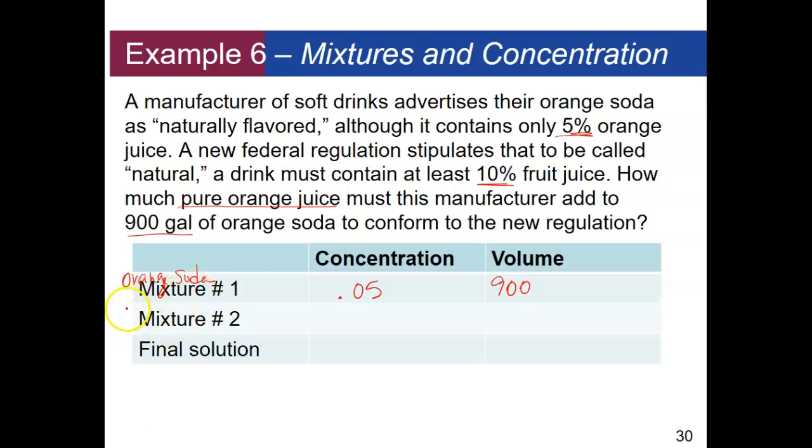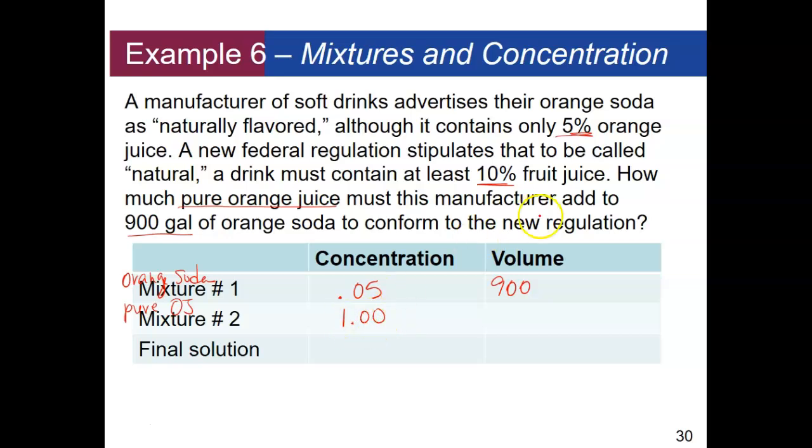From that, to the orange soda, we're going to add our pure orange juice. Okay, so adding the pure orange juice, the concentration of anything that's pure is 100%. So 100% converted to a decimal is going to be 1.